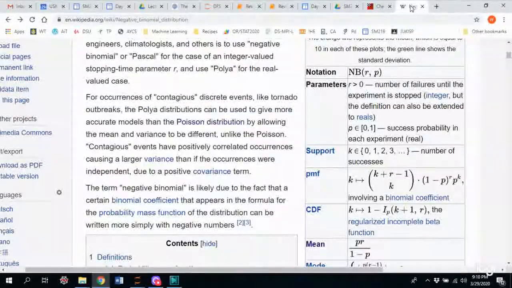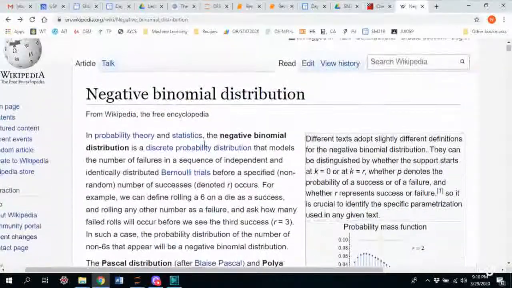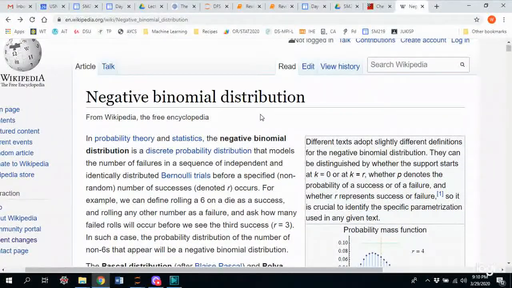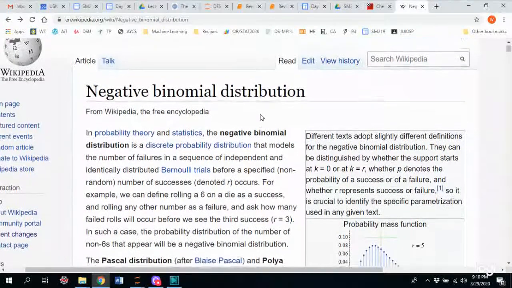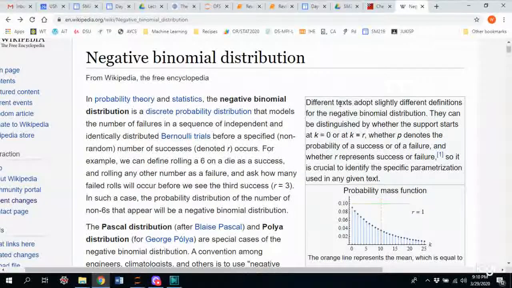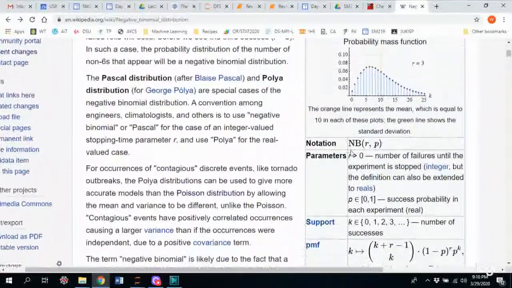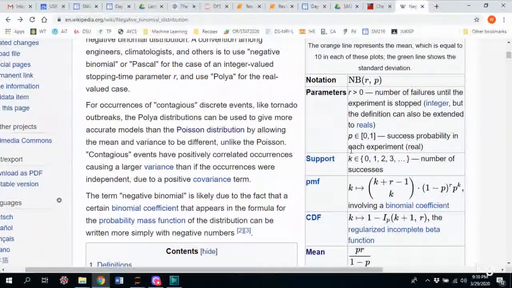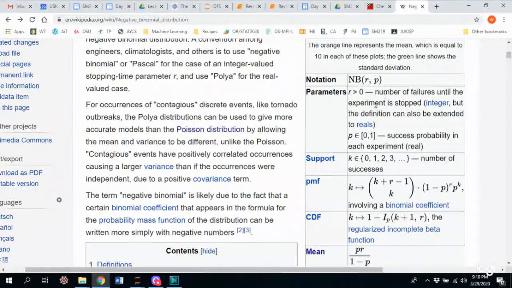If you look on the Wikipedia page for the negative binomial distribution, for example, they start by describing it in a different way than we do here, but then they say different texts adopt slightly different definitions, and then finally down below they start giving a bunch of parameters, and in these parameters you can see that they're actually talking about the same thing we are.